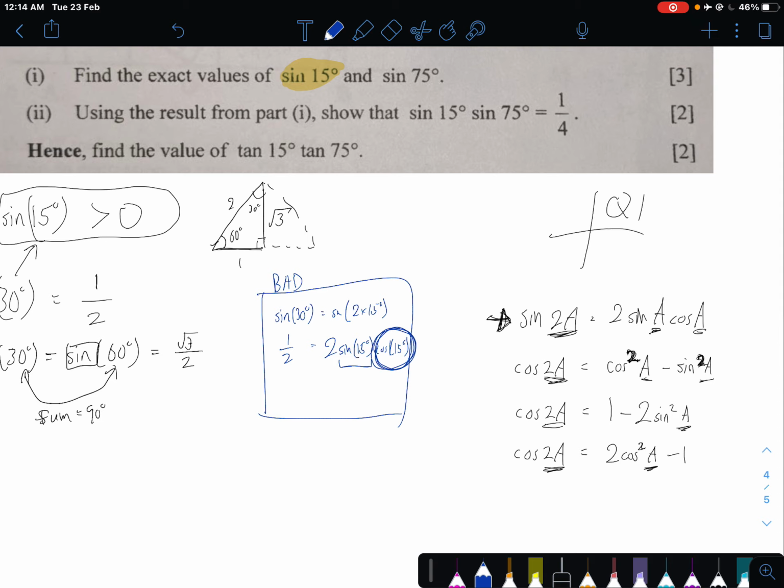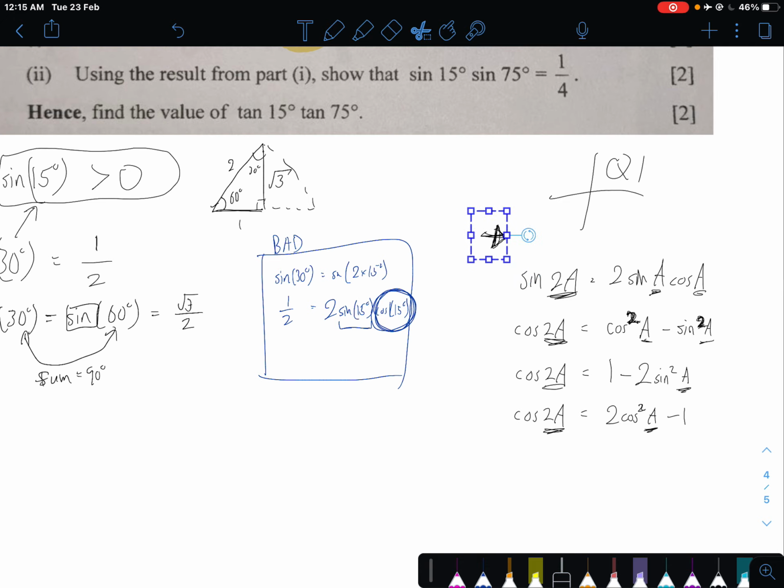You only know how to find the exact values of the trig ratios where the angle is 30, 45, 60, or the 90 degree multiples: 0 degrees, 90, 180, 270, 360, and how to find the corresponding value by looking at the sine curve or cosine curve. Those are the only trig ratios you know the exact values of. In this case, cosine 15 degrees you don't know yet, so you cannot use this identity. It's a bad idea. So what should you use next?